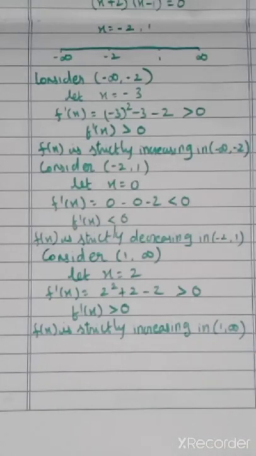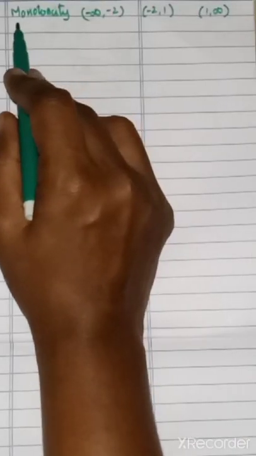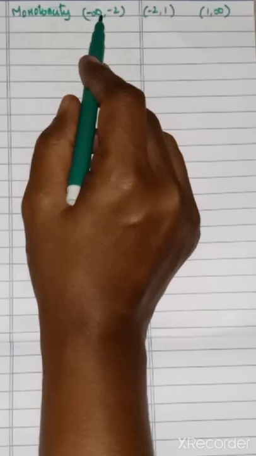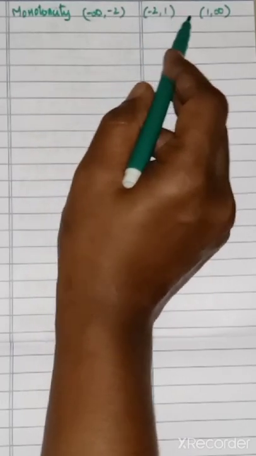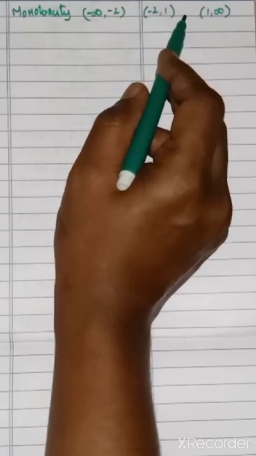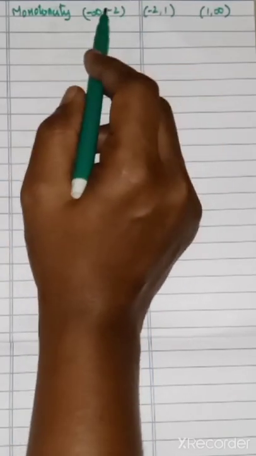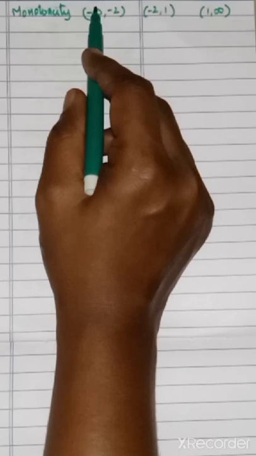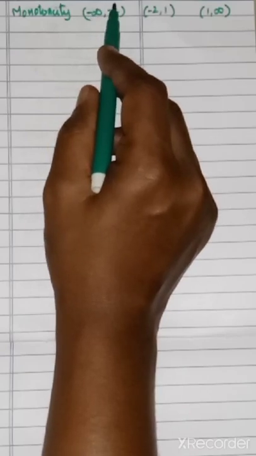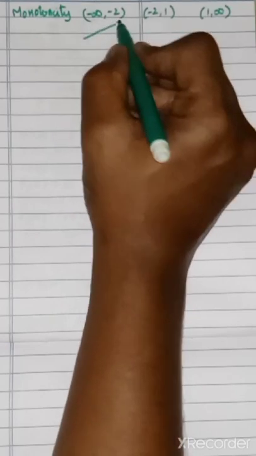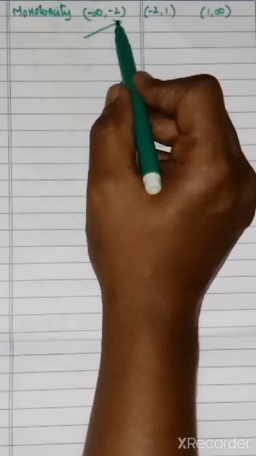Another, intervals of monotonicity. So here, see, monotonicity in an interval we have found: minus infinity to minus 2, minus 2 comma 1, 1 comma infinity, correct? Now, minus infinity to minus 2, it is strictly increasing, okay? So we can put an arrow for this. So strictly increasing.